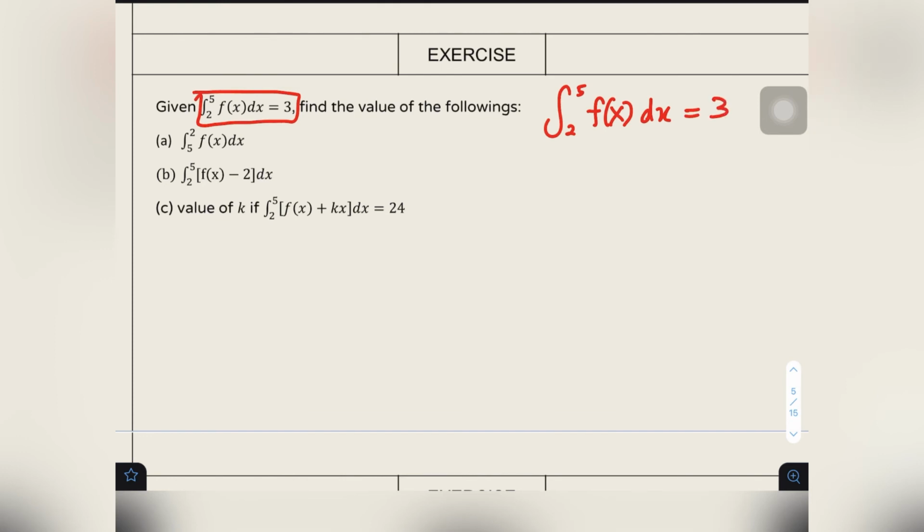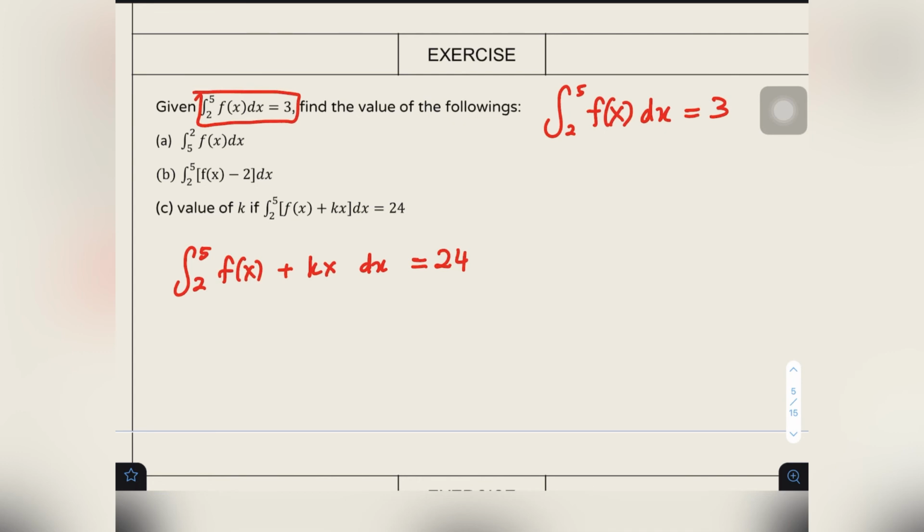Question asks, what is the value of k if the integration from 2 to 5 of f(x) plus kx dx is equal to 24. Alright class, this one is critical thinking, but we will solve one by one.